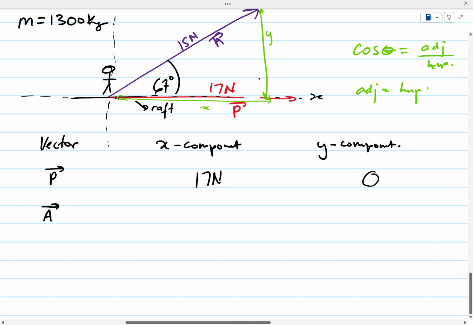So from that, we get 15 cos 67. And the y component would be the same thing, but sine, so we end up with 15 sine 67.